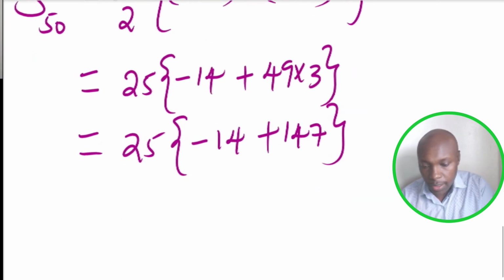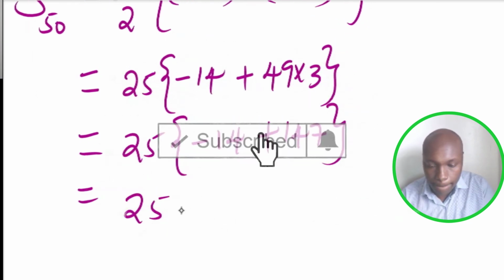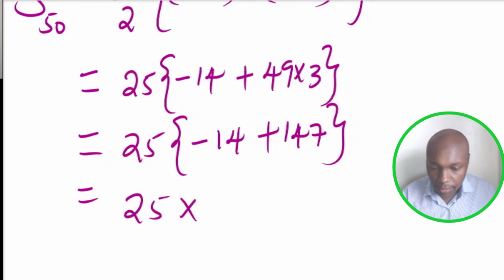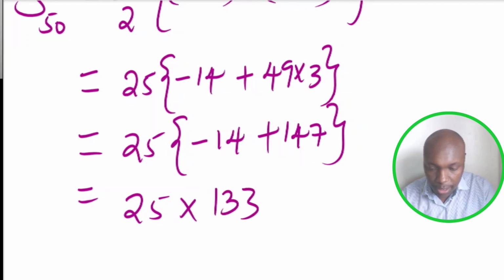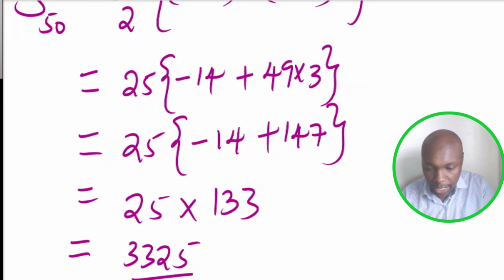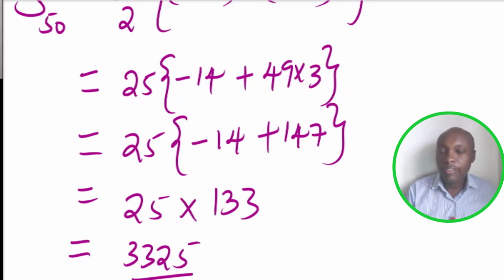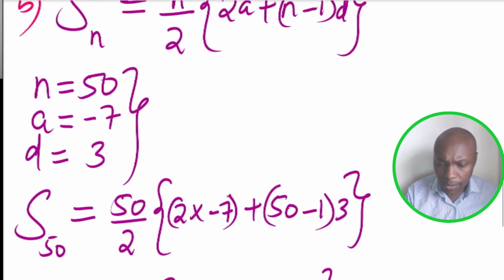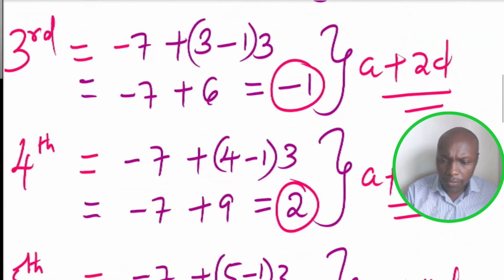Then take 25 multiplied by minus 14 plus 147, that will give positive 133. So you multiply these, 25 times 133, you get 3325, and that is now the sum of the first 50 terms of the sequence. That is how you're supposed to solve that question.